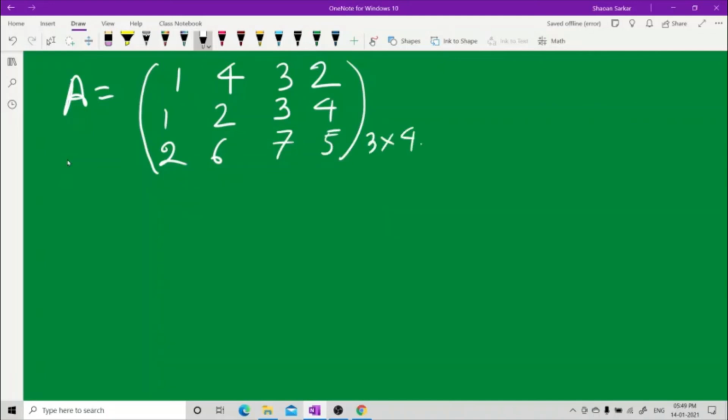Use row operations straight away. R2 becomes R2 minus R1, you are replacing, and R3 becomes R3 minus 2 R1.